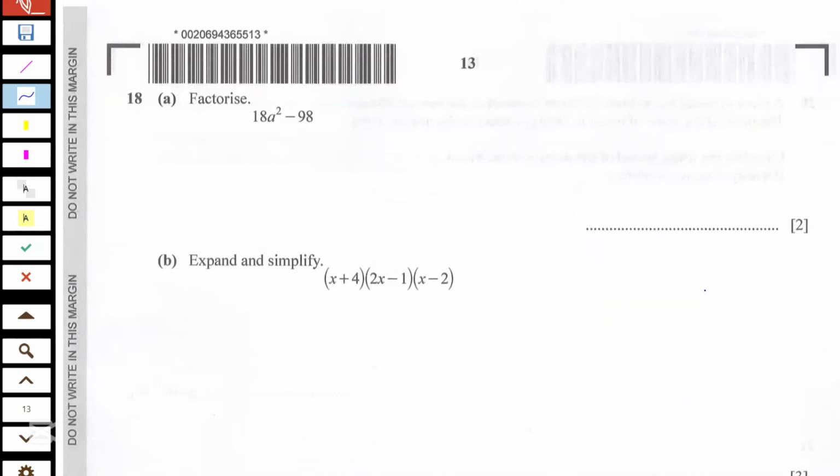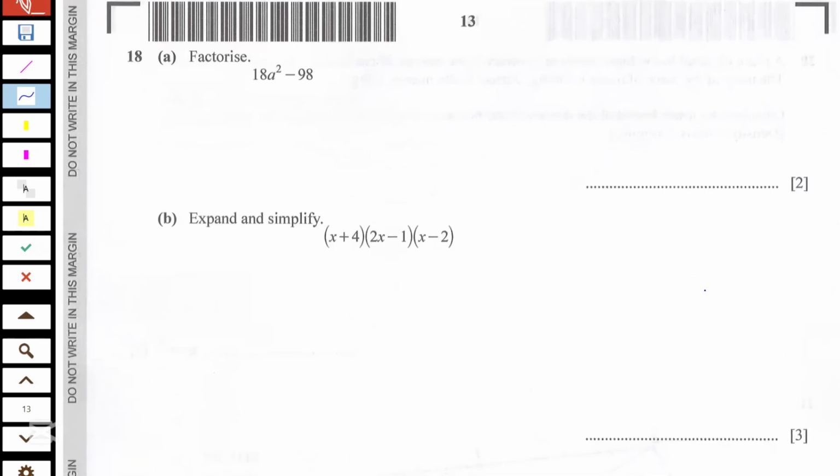Factorize question 18a. Factorize 18a squared minus 98. Now the common factor between 18a squared and 98 is 2.